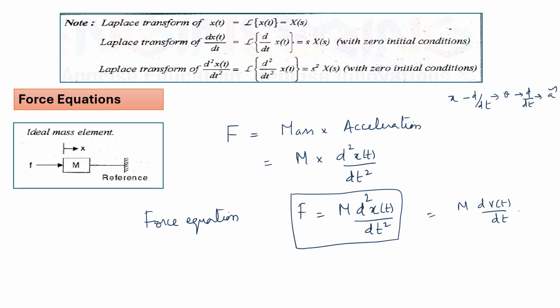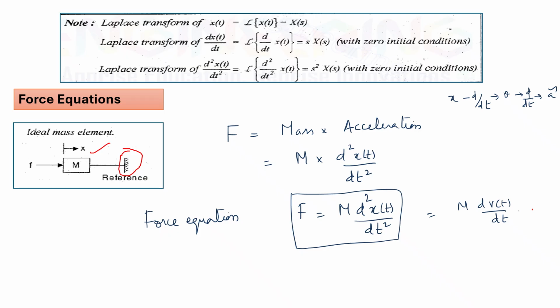Let us start with an example. Let us consider we have a mass element M fixed to one end, and a force is applied to that mass element, and because of that force, a displacement X is considered as the output.